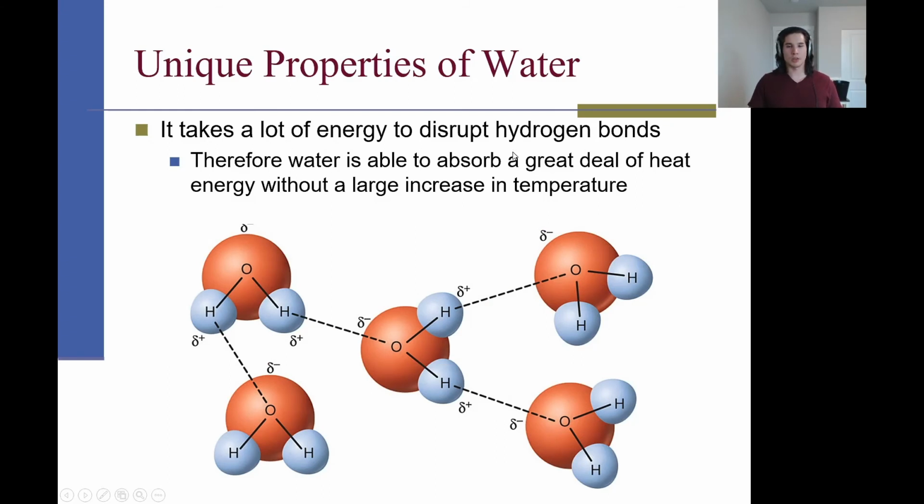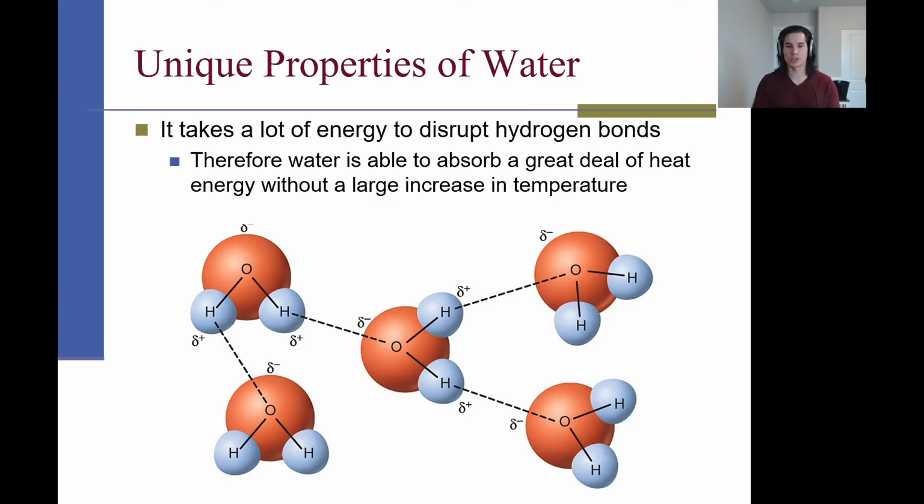So it takes a lot of energy to break apart hydrogen bonds. Now, when we're talking about a large body of water, you've got water molecules bound to other water molecules in a high density. Because it takes a lot of energy to break a single one of these hydrogen bonds, the sheer amount of hydrogen bonds you would have to break to cause water to evaporate, or to even change the temperature of water, is very high.